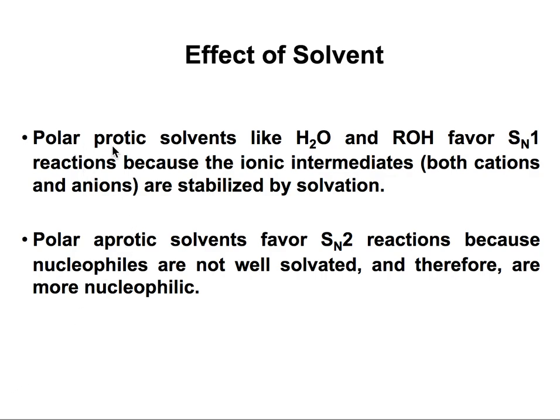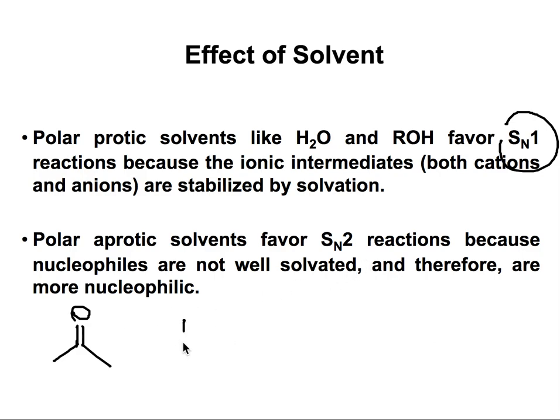When we have polar protic solvents such as water, it will favor Sn1 because it will stabilize the ionic intermediates, in this case the carbocations. But when we have a polar aprotic solvent, for example acetone, that will favor Sn2 reactions because the nucleophiles are not solvated.